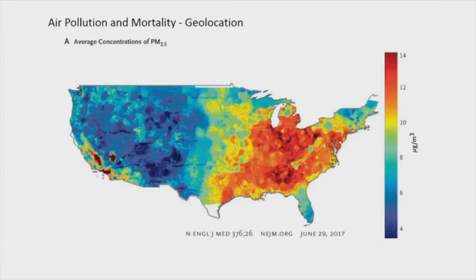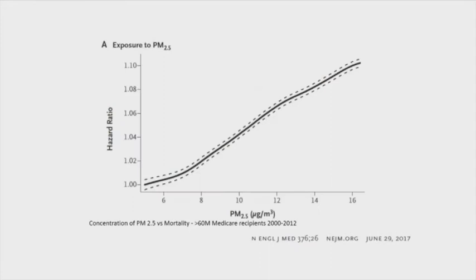So even though it looks very kind of rural, there is some bad stuff in the air in North Carolina. But when they looked at the relationship between PM 2.5 and mortality, this is just the small piece of the distribution at the lower end of the curve. You know, if China, Beijing or Shanghai today was what we'd be looking at, we'd be in the next room.